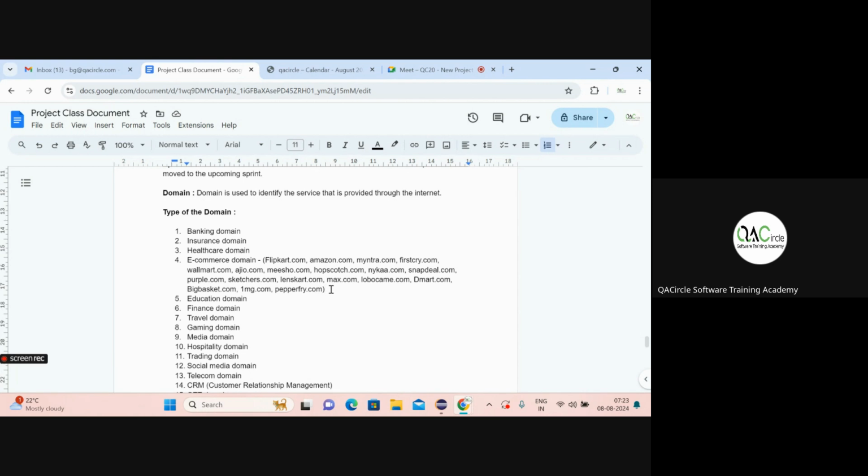Why exploratory? As I told you in my very first class, once you join an organization, if you are lucky, you might get an application they have started developing from the start.